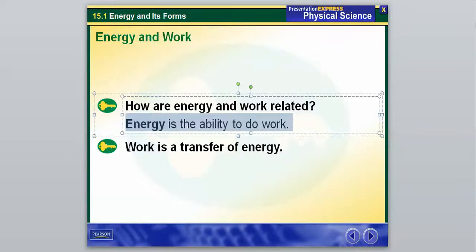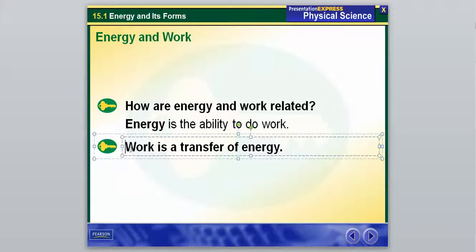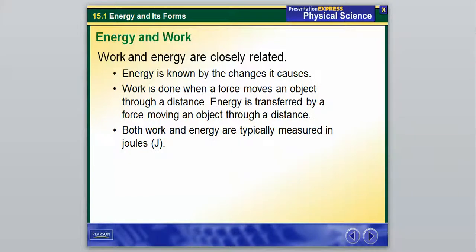Another key point is that work is a transfer of energy. This is the one where it really ties together, so you can see how work and energy are closely related, and the slide breaks it down even more. And look, it starts by saying what I just said, that work and energy are closely related.